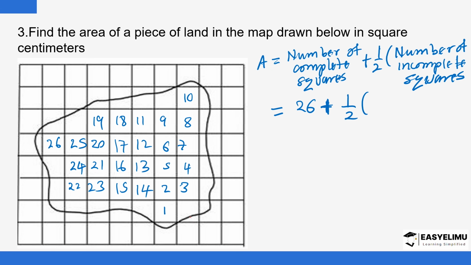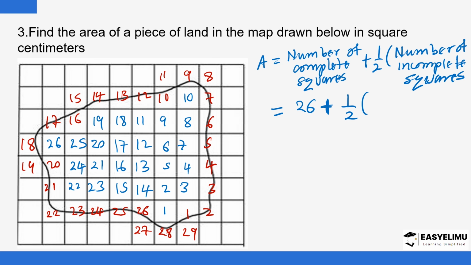Let's count. 1, 2, 3, 4, 5, up to 29. So incomplete squares, there are 29.